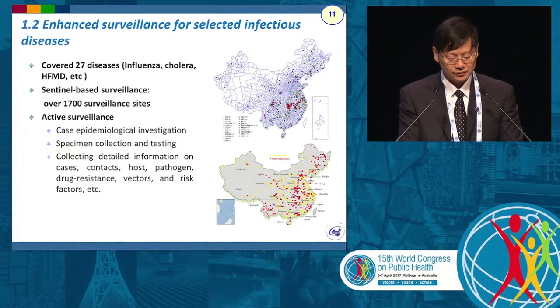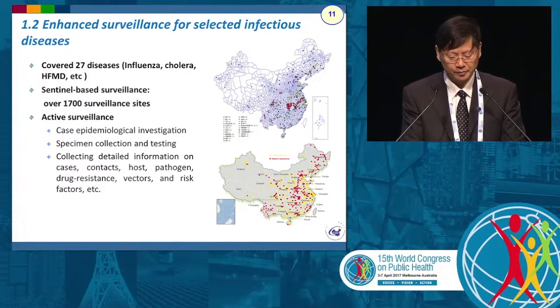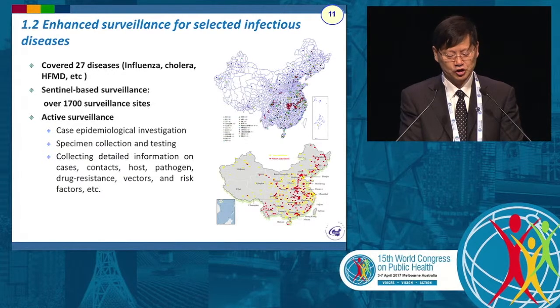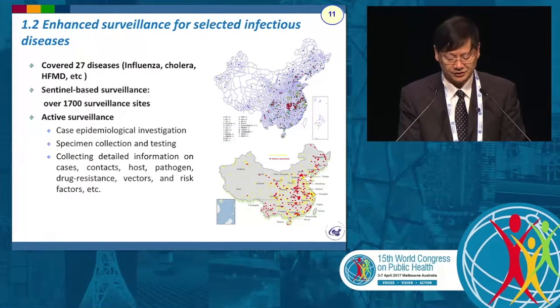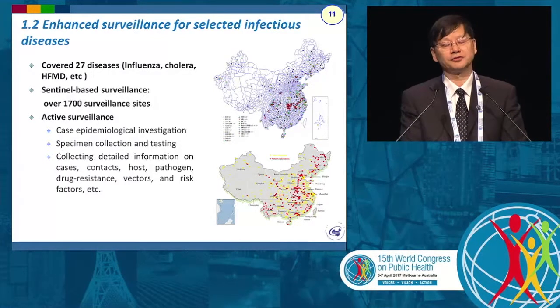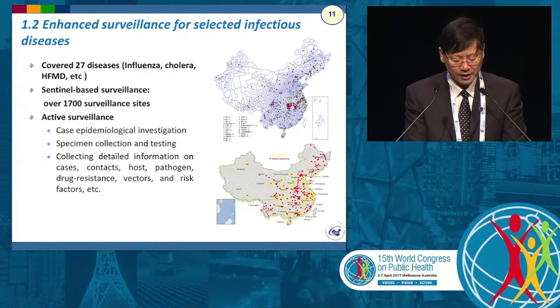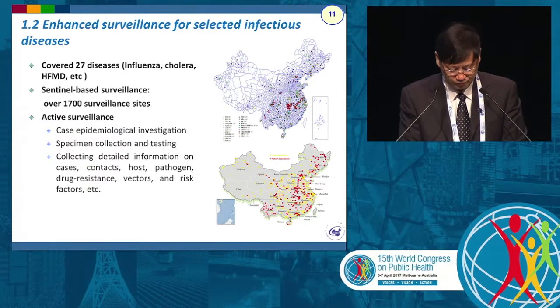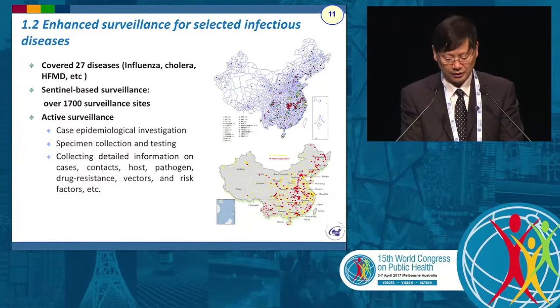In addition to the positive reporting system for notifiable infectious disease, we developed an enhanced surveillance system for some selected infectious diseases, which covers about 27 diseases, including influenza, cholera, hand, foot, and mouth disease, and so on.